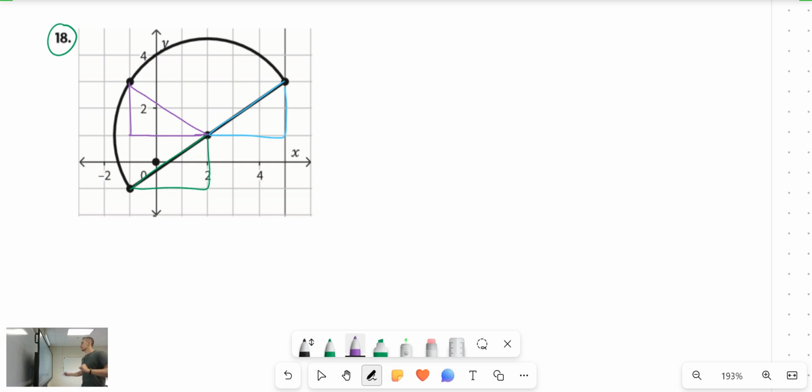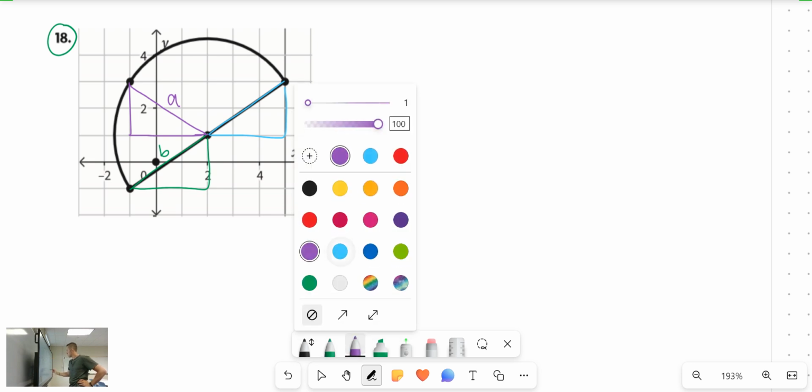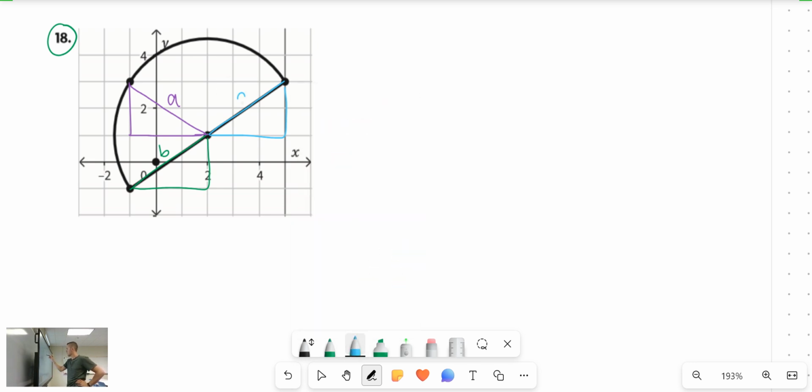All right, so if we figure out the three distances, we'll call them A, B, and C. If we figure out A and B and C, and they're all the same, then we know two things.